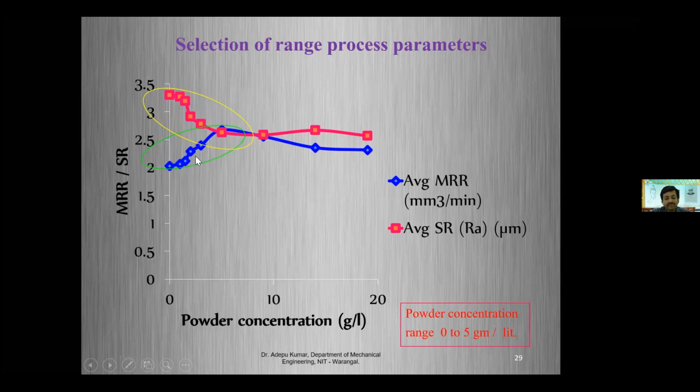First, the range is important. Once you identify the range, then you select the levels. For example, level 1 is 0, level 2 is 2.5, level 3 is 5 grams. Understood now why I am not taking 10?